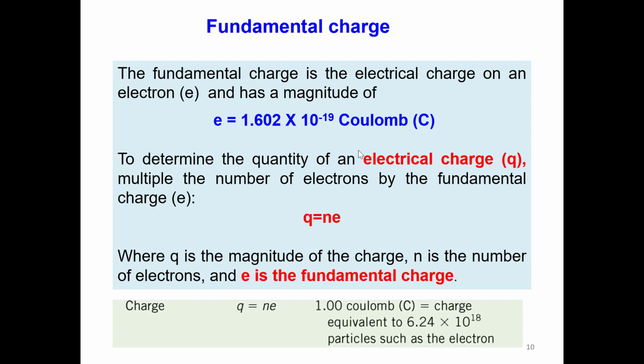If we want to calculate the total electric charge of an object or a material, we need to multiply the number of electrons times the fundamental charge. Remember, the charge of 1 electron is 1.602 times 10 to the power minus 19 coulomb.